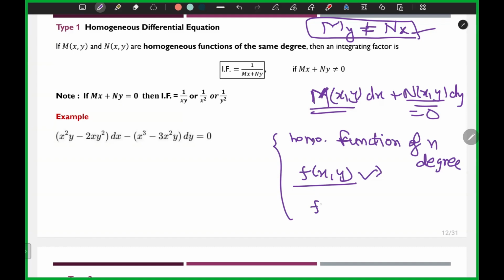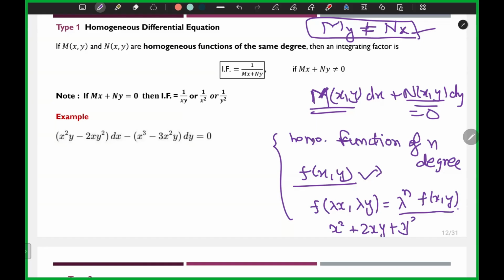Okay, let me tell you: f(lambda x, lambda y) equals lambda to the power n times f(x,y). Like if we say 2xy plus y square, this function is a homogeneous function of which degree? Second degree. Fine. Okay.